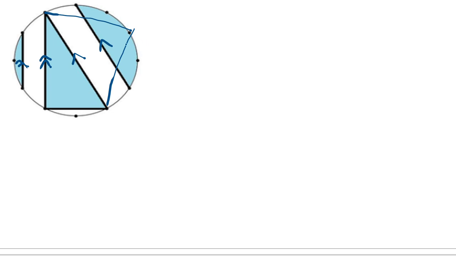So this shape right here should be right angled because we drew the triangle from the diameter. So now what I'm going to do might not be the best thing that you could have done, but I think it might be a good solution to this problem.